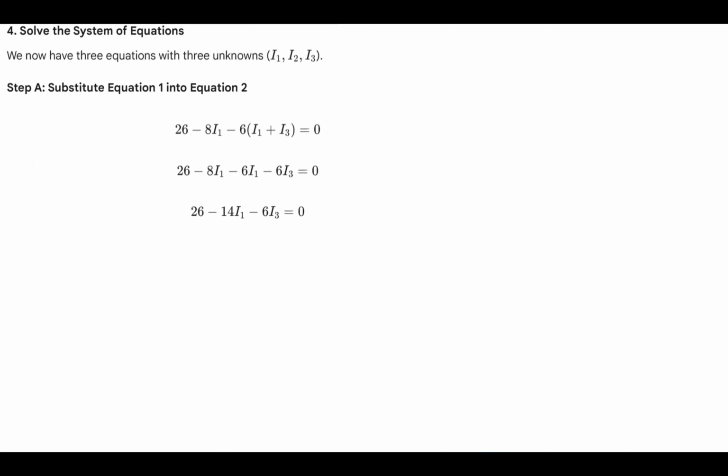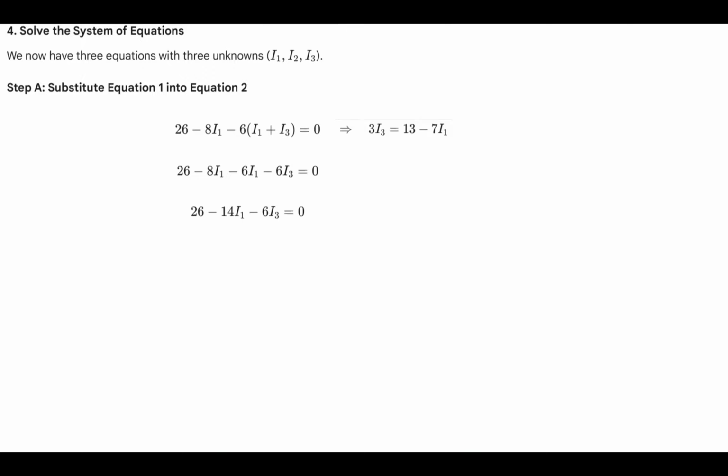So now we have 3 equations with the 3 unknowns, I1, I2, I3, and this is equation 1 to 3. And then we can plug equation 1 into 2 to get more reduction.